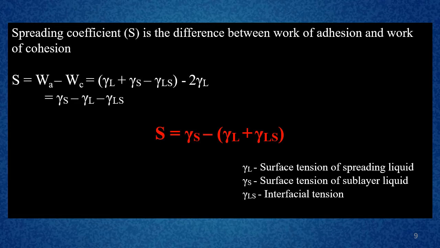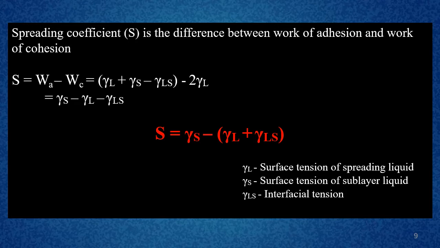S is equal to WA minus WC, which is equal to gamma L plus gamma S minus gamma LS, whole minus 2 gamma L, which is equal to gamma S minus gamma L minus gamma LS.